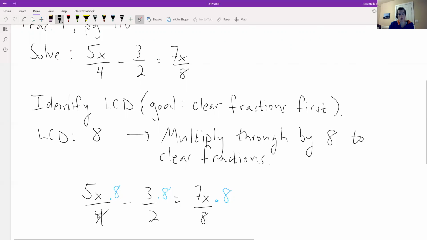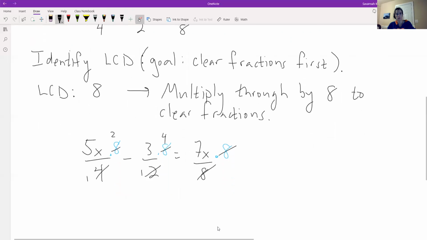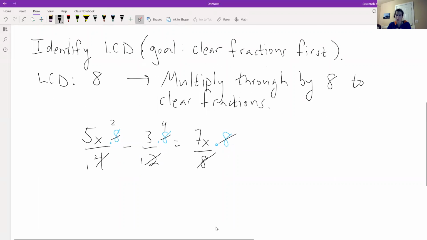Okay. So 4 can reduce into 8 with a 2. 2 can reduce into 8 with a 4. And then the 8s themselves here at the end, those can cancel away. Okay. Now, because this is the first problem, and it maybe has been a while since we have had to clear fractions, let me put in a middle step here.